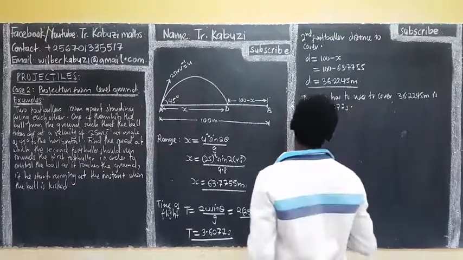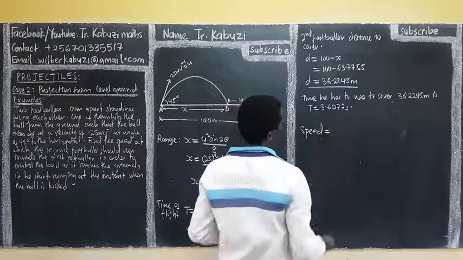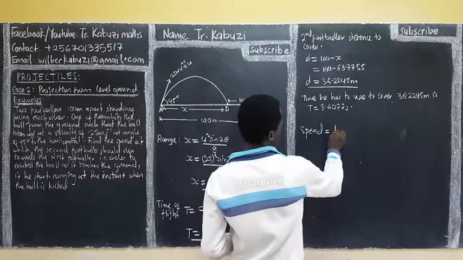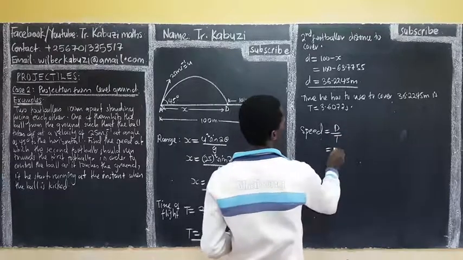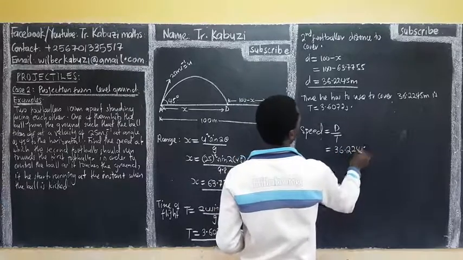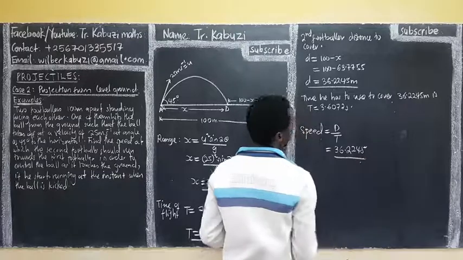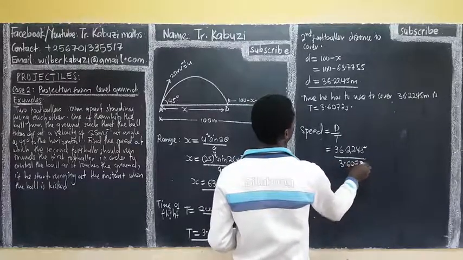So from there, the speed this man has to move at is distance over time, which is 36.2245 over the time he has to use, 3.6077.